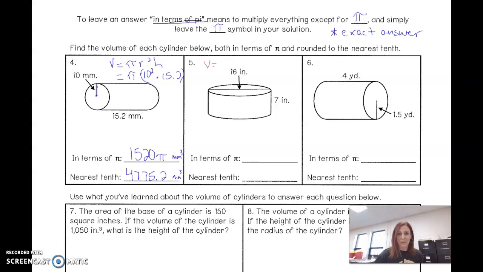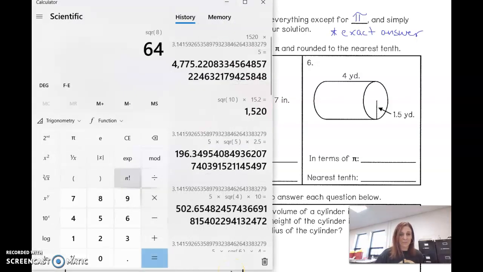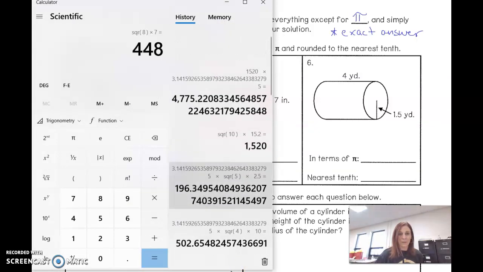Again, volume equals pi times the radius squared times the height. Now in this case, notice this line here is our diameter. I need the radius. So if the whole thing is 16, halfway is 8. So that's going to be pi times 8 squared times height. Height is the distance between the bases, times 7. The exact answer, we type that into a calculator. 8 squared times 7. 448 pi.